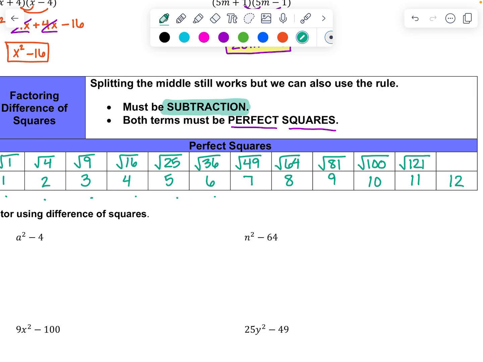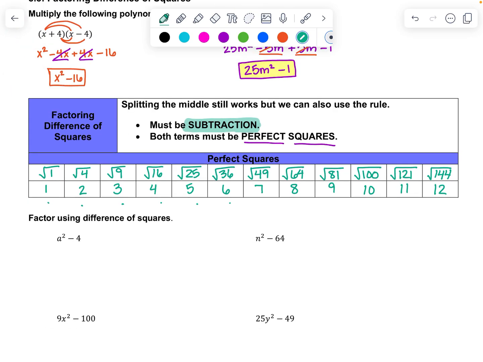And to get 12, I need the square root of 144. Okay, so this is going to be a good list to reference back to throughout all of our factoring work and factoring practice, because we need to start to recognize these perfect squares when we see them, okay? This difference of squares factoring method is going to be fairly simple for us if we are recognizing the perfect squares.